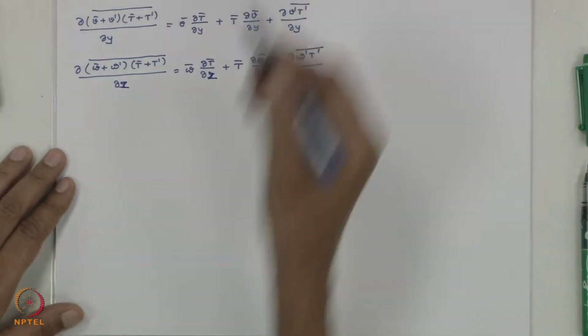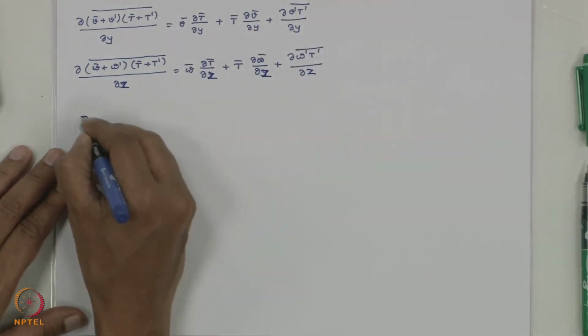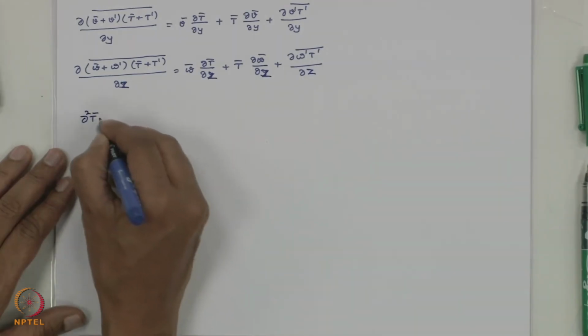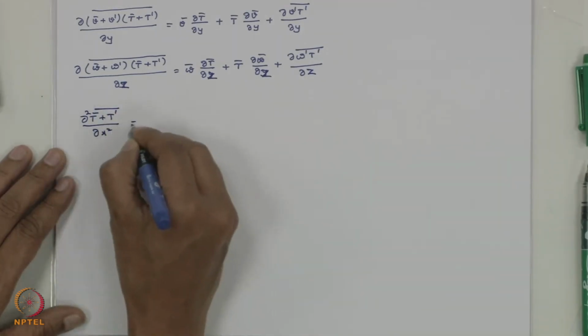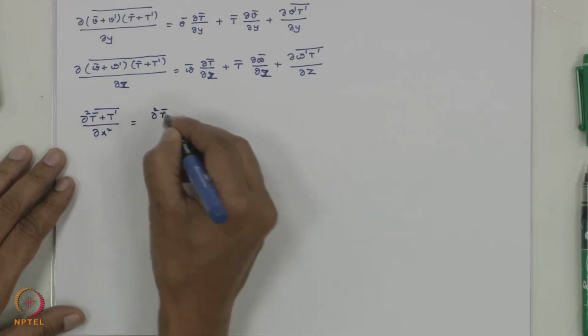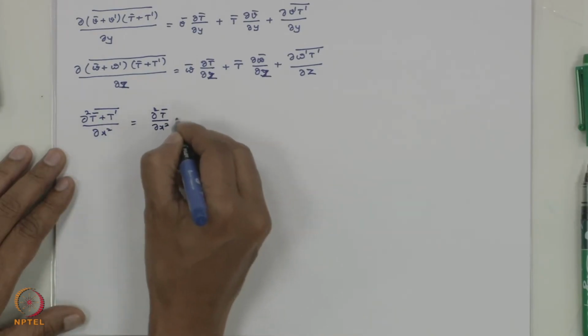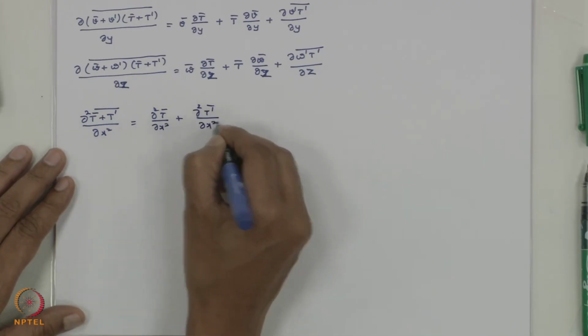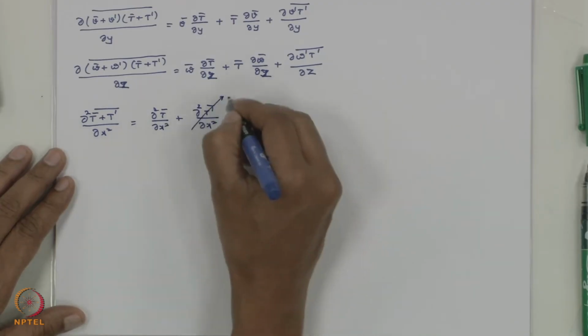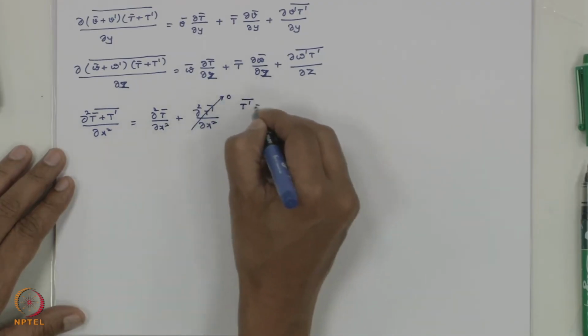Now the right hand terms: you have ∂²(T̄+t')bar/∂x², you get ∂²T̄/∂x² + ∂²t'bar/∂x². So this is 0 because t' bar is 0.